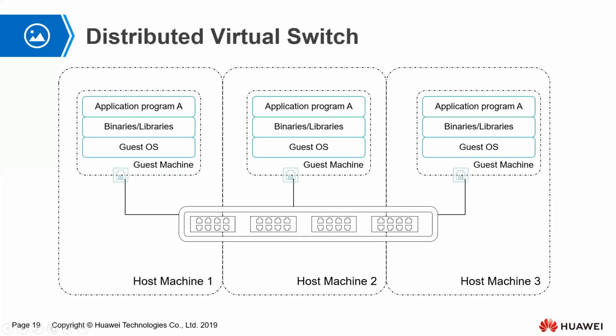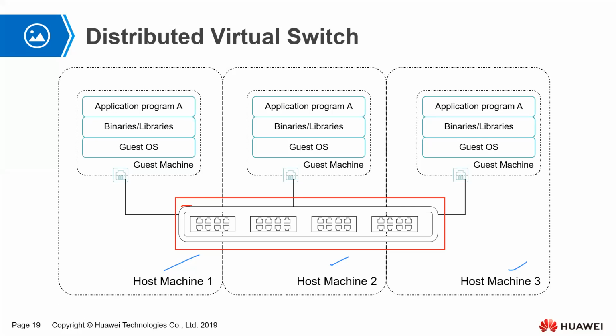We see in this illustration that we can have machine 1, machine 2, and machine 3, but they're all connected to one distributed virtual switch, which is spanning across different physical hosts.